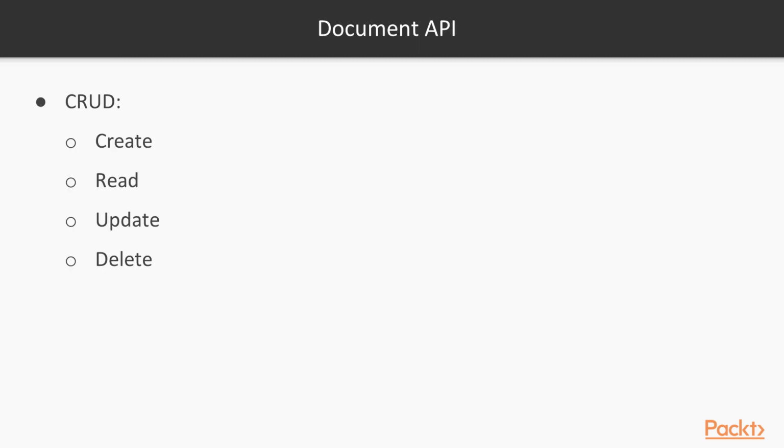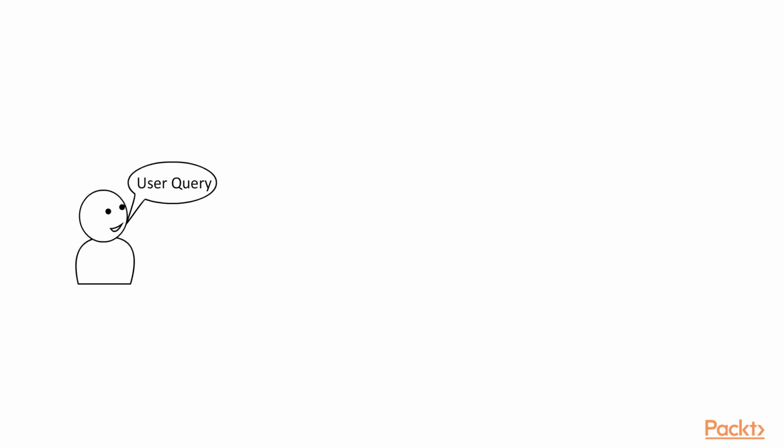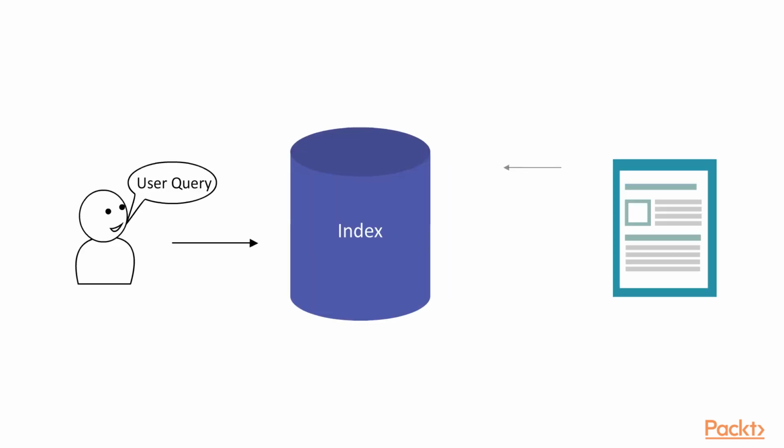Let's start with the document API. Elasticsearch comes with a full-fledged RESTful API, well-defined on their website. If you go to elastic.co and find all the API documentation for Elasticsearch, it's all there. So make sure you're looking at Elasticsearch 6 to follow along in this video. But like most databases, Elasticsearch has the full suite of CRUD: creating, reading, updating, and deleting data.